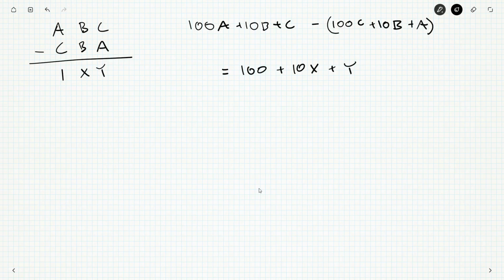Actually, let's ignore this for a moment, because I've seen this come up a lot. There are lots of contests where you reverse the digits, so you get used to this over time. But what have we got? The 10b's will cancel out completely. We'll be left with 100a minus a, which is 99a, and we'll also get minus 99c.